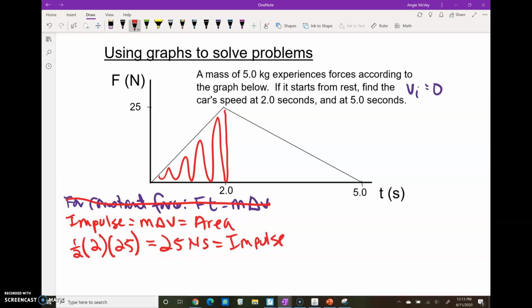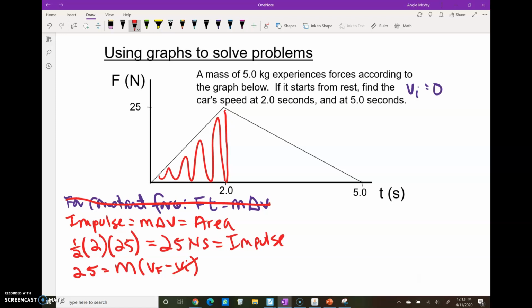Okay, and then we know that impulse, 25, is equal to our mass times our change in velocity, and change is always final minus initial. Right? We know that the initial speed is 0.